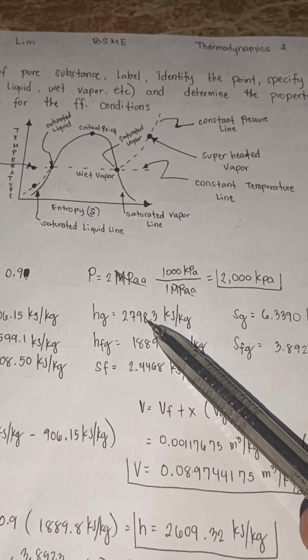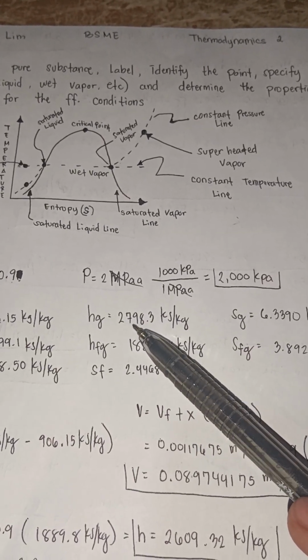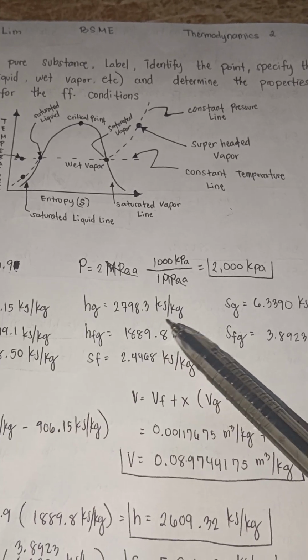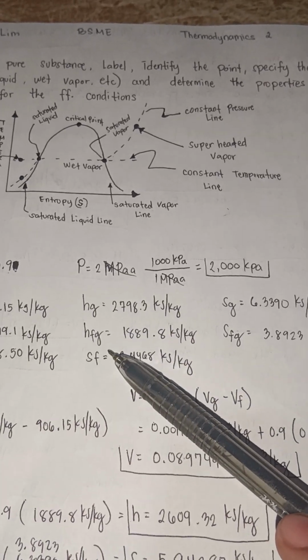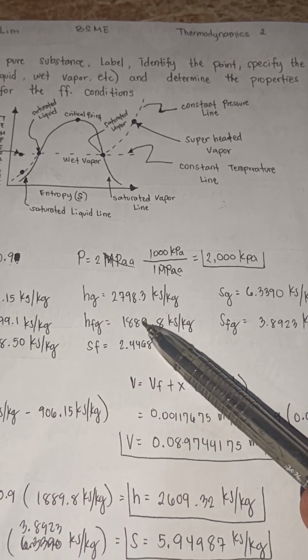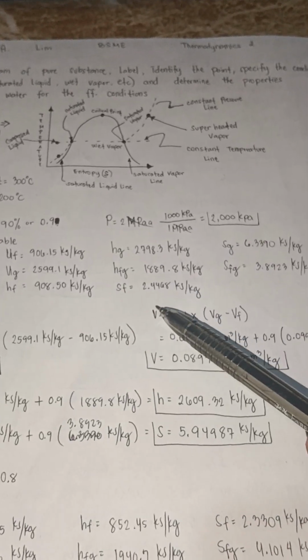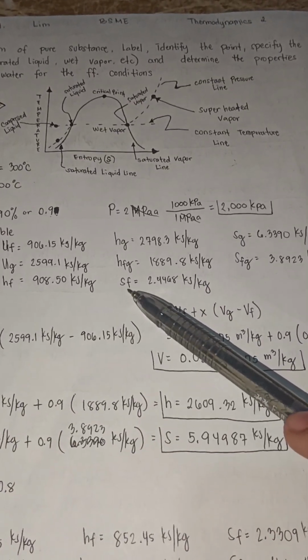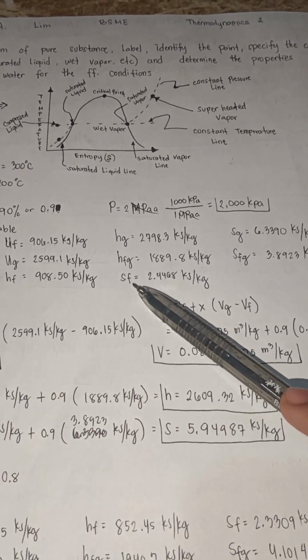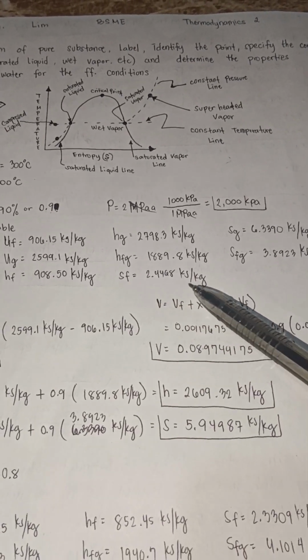The enthalpy of the saturated vapor is equal to 2798.3 kilojoules per kilogram. The HFG is equal to 1889.8 kilojoules per kilogram. The entropy of the saturated liquid is equal to 2.4468 kilojoules per kilogram.